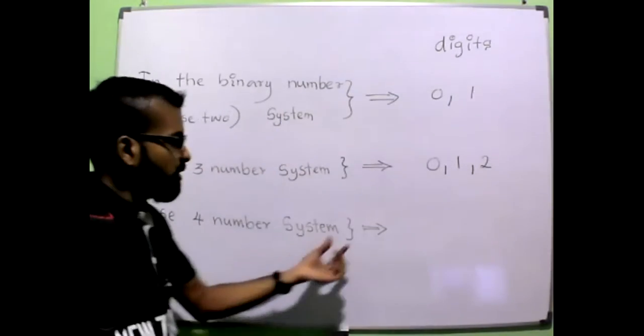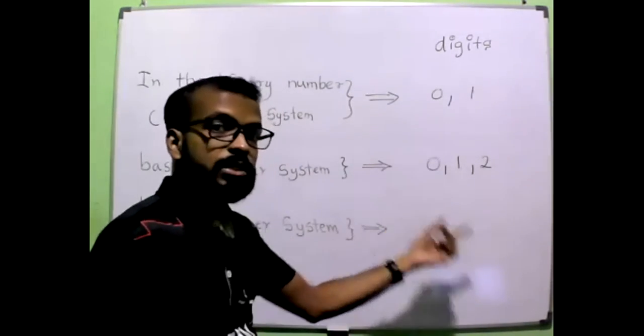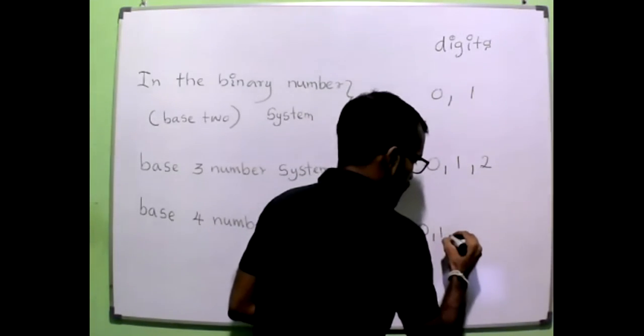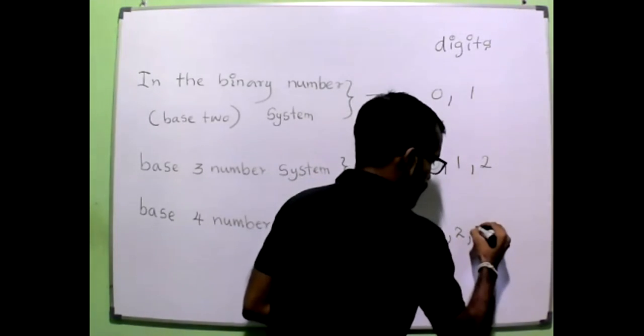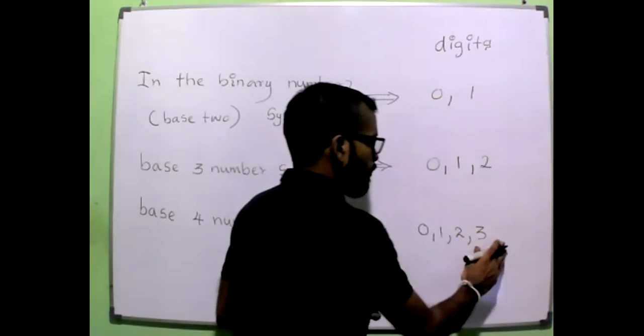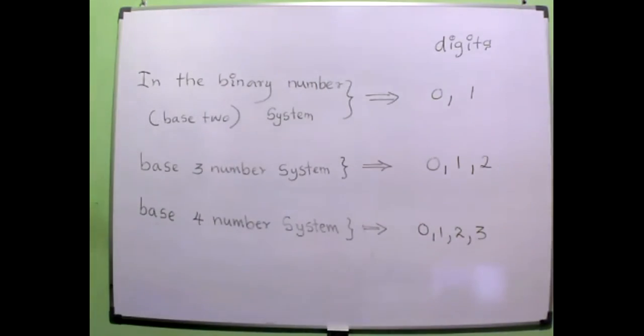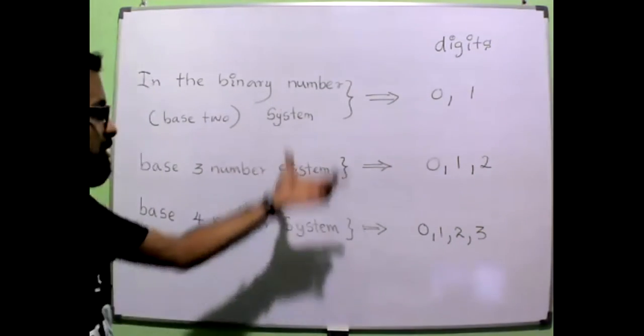Except 4, right? The digits which are less than 4. So starting from 0, 1, 2, 3. You cannot write 4 because the base is 4. Okay, please write this down.